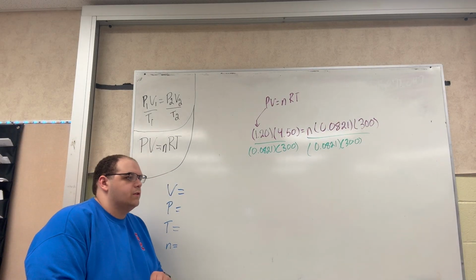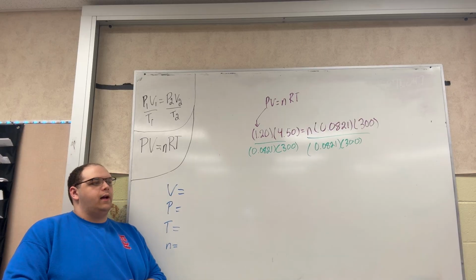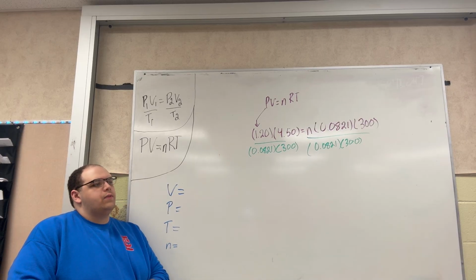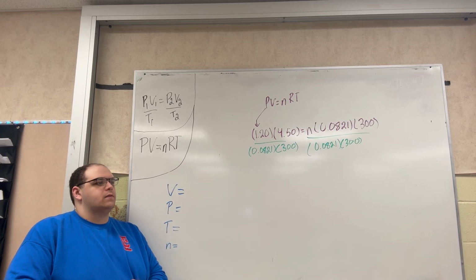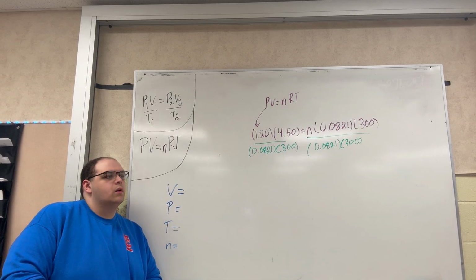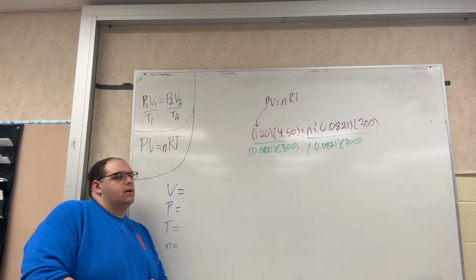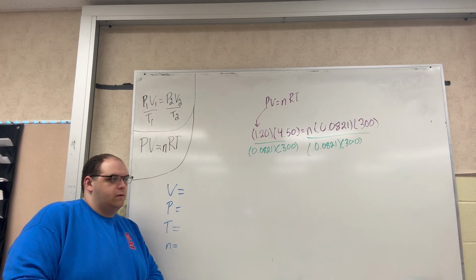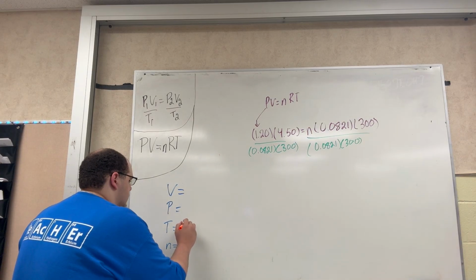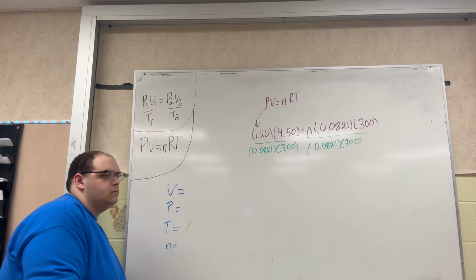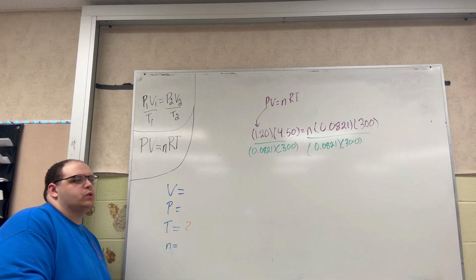What is the temperature of an ideal O2 gas, oxygen gas, if there is 32 grams and it occupies 500 milliliters at 780 torr? Temperature is what I'm solving for because it says what is the temperature. It says I have 32 grams.